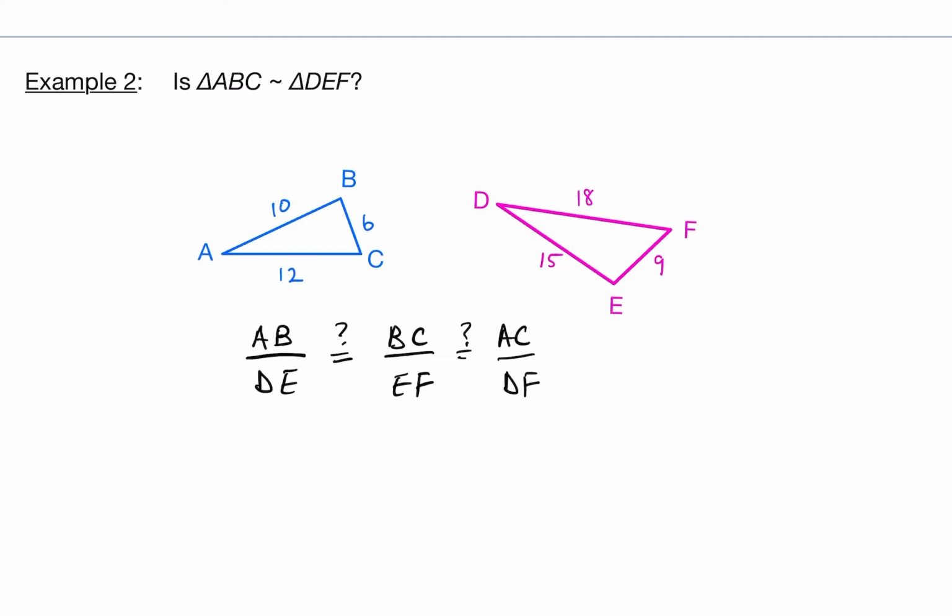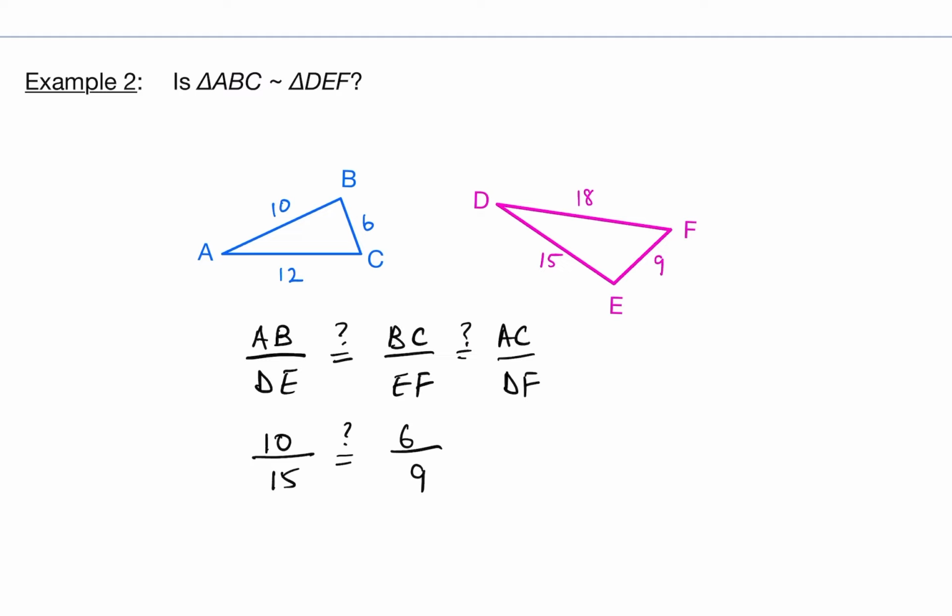And then once we set those proportions correctly, now we can replace each of these segments with their corresponding values. Okay, so we know AB here says that it's 10. So now we're going to set that to 10, and DE happens to be 15. And the question is, is that equal to BC, which is 6, over EF, which is 9?